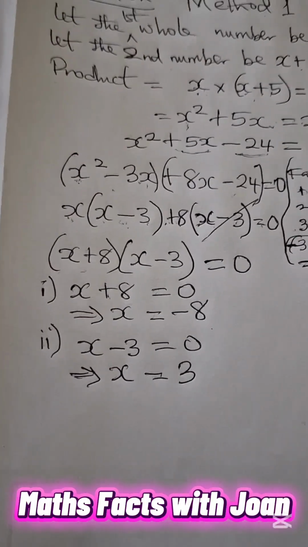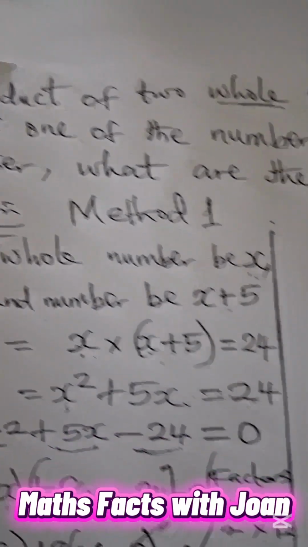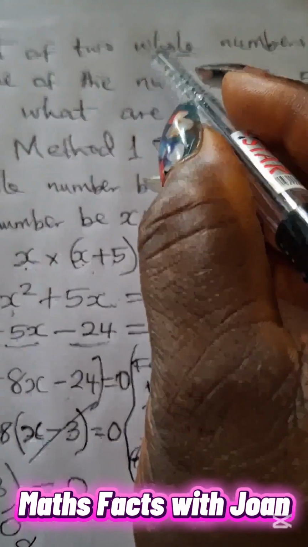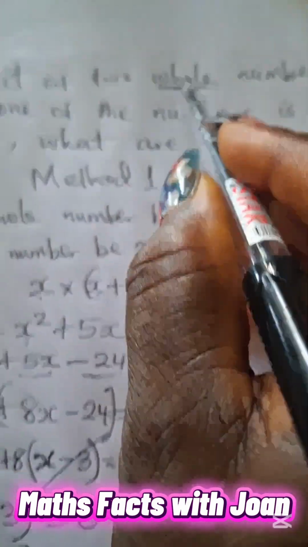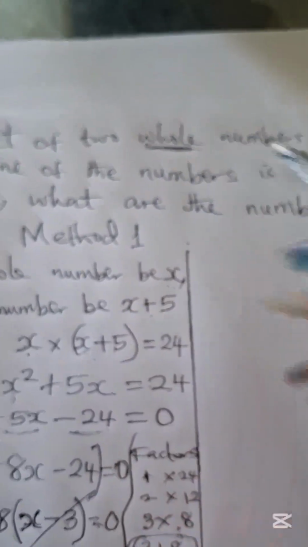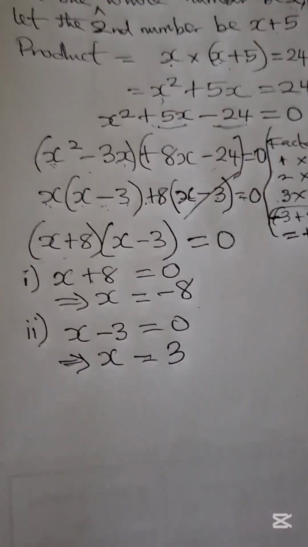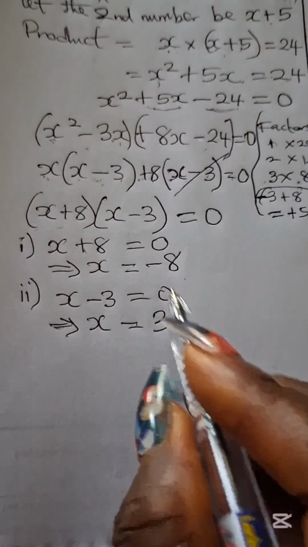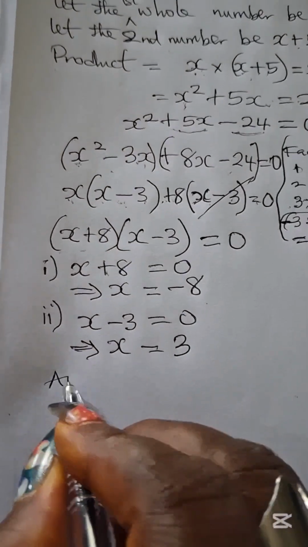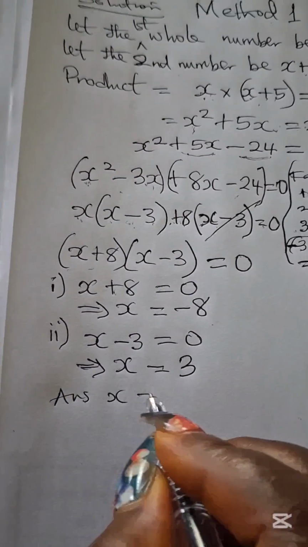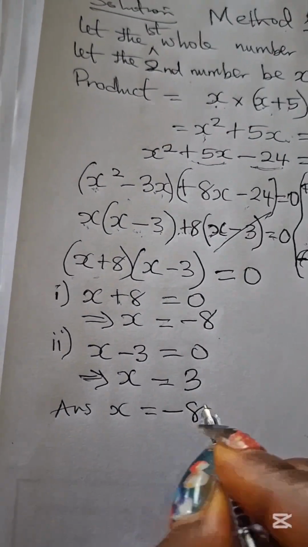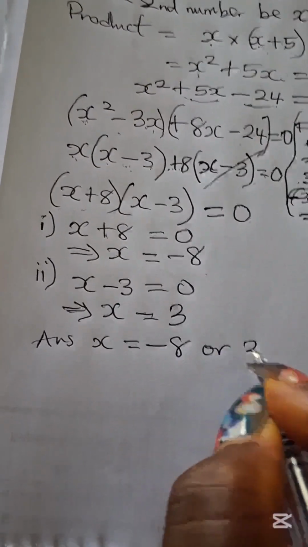All right. They said the product of two whole numbers. I asked us to take note of this whole number thing here, for us to know what to do when we get to this point. At this point now, we have a negative number. So the answer we got here is x equal to negative 8 or 3.